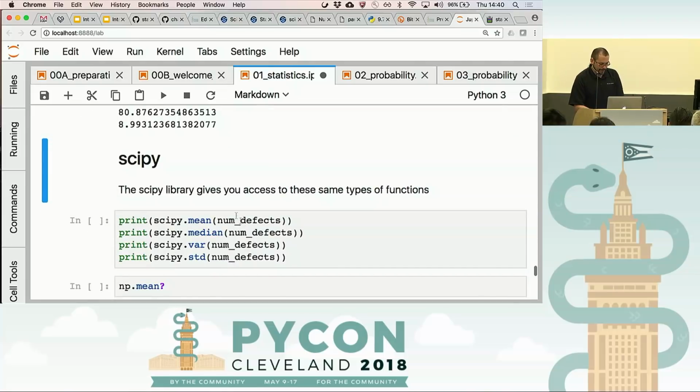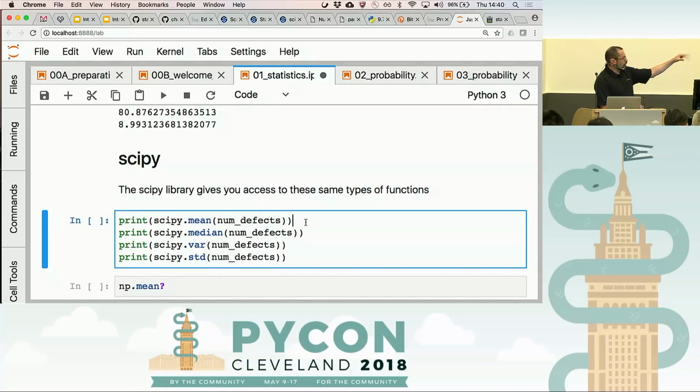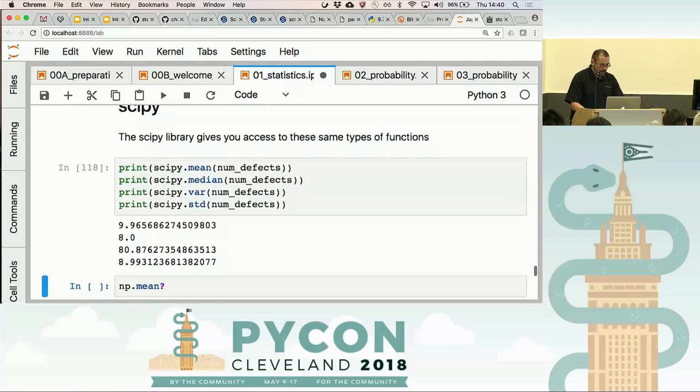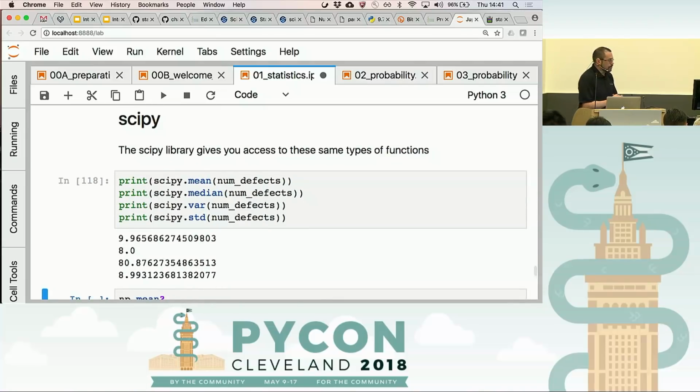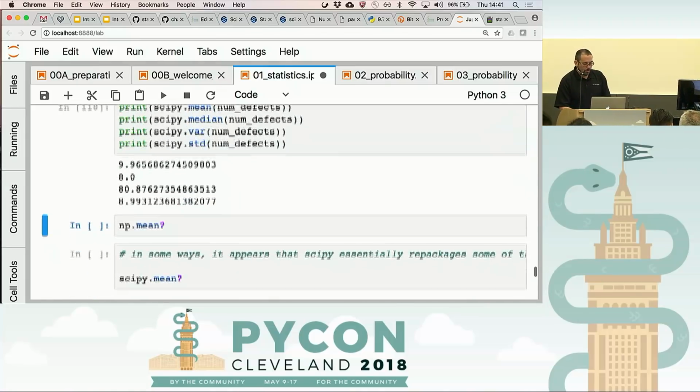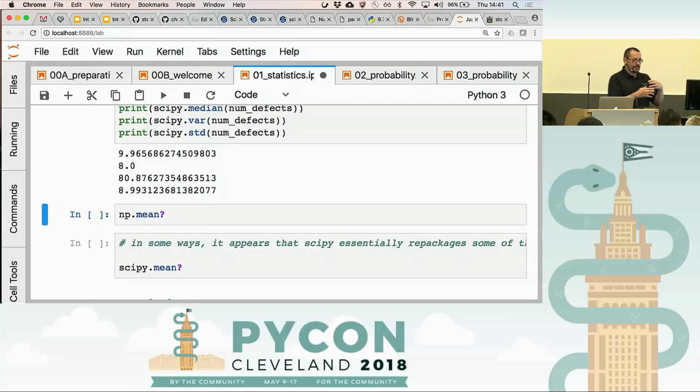Let's turn to SciPy. I'm going to run all four of those: mean, median, var, and standard deviation. We get 9.96, we get an 8.0, 80.8, and 8.9. Looks good. One thing you should know, as I mentioned, SciPy rides right on top of NumPy.